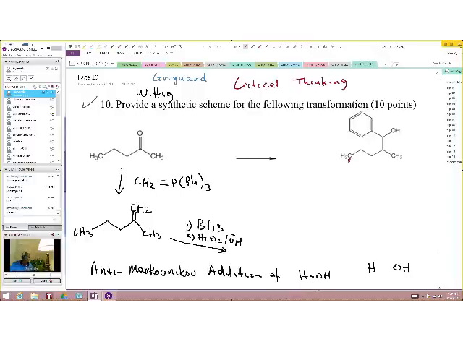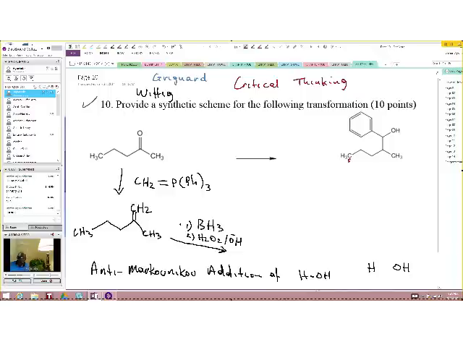Okay, now the borane, yes, that is correct. Borane gives anti-Markovnikov addition of water. Sorry about that. Which means the hydrogen will go to the carbon that has less hydrogen, and the OH goes to the carbon that has more hydrogen.